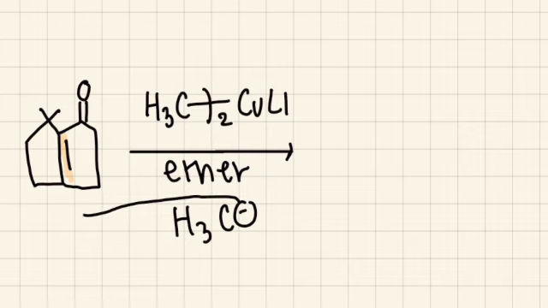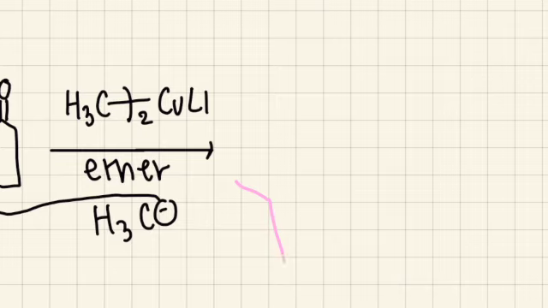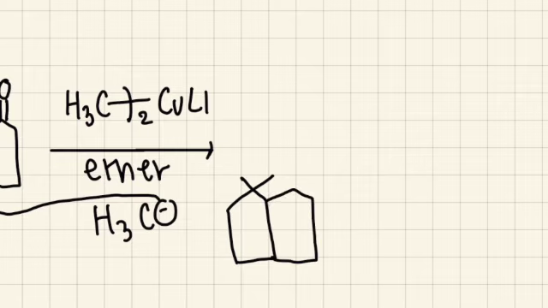That's going to attack this position right here, which is going to break this pi bond and push the charge onto this carbon right here, which results in the structure that looks like this. Boom, boom, boom. And we were able to add that methyl group right here. And we have a carbanion here.